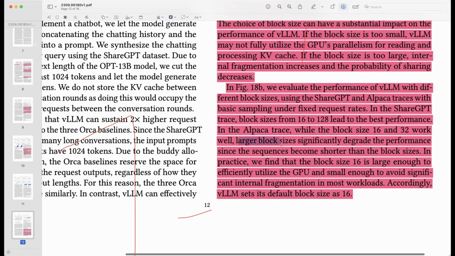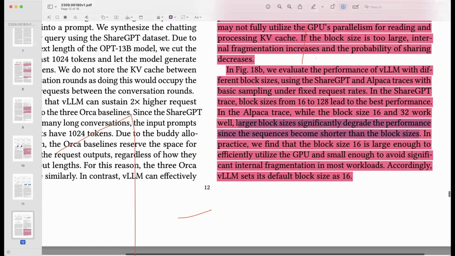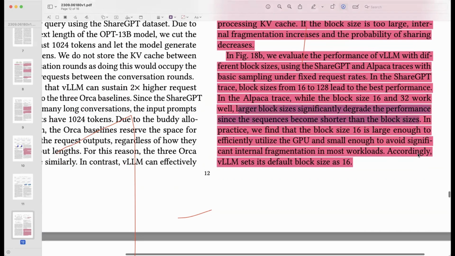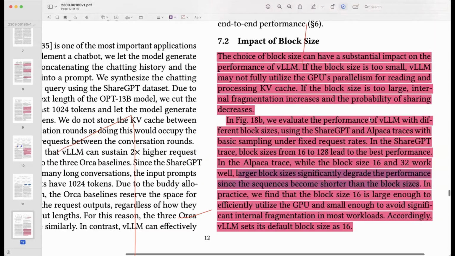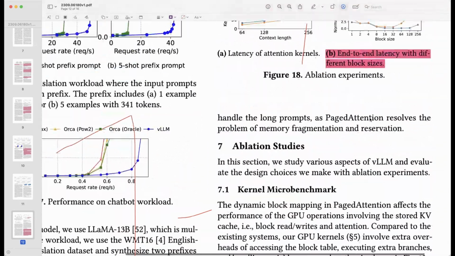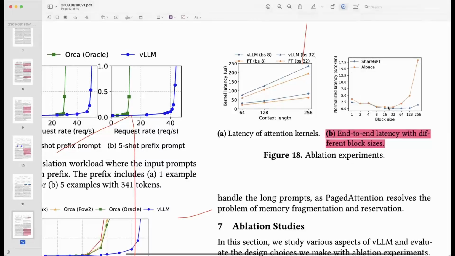Yeah, so if your block size is larger, the sequence becomes shorter than the block size. I didn't get this part. So the key thing to understand is that we're measuring things with one level of indirection. When we have inefficient memory utilization, the number of user requests that can be handled at once goes down, and the number of people who are waiting to be processed by vLLM goes up.